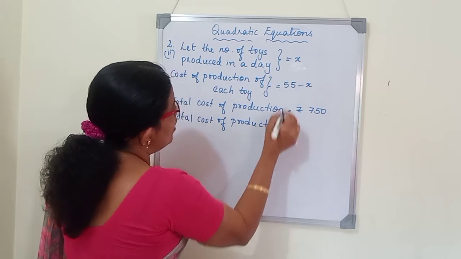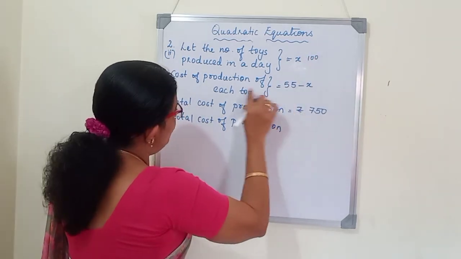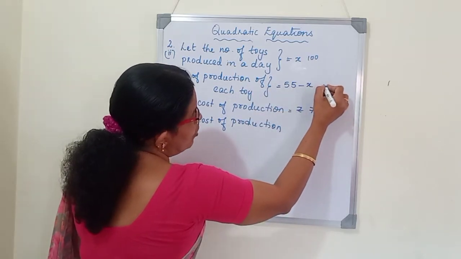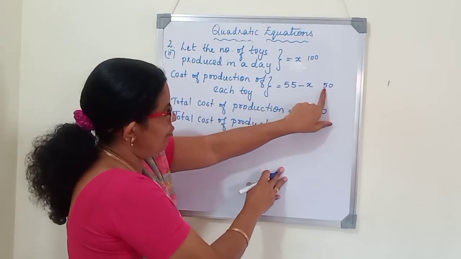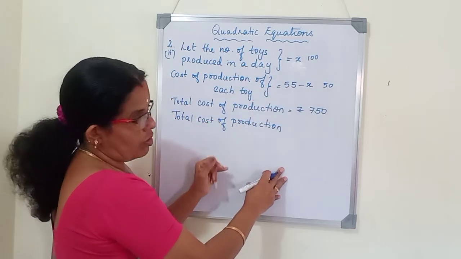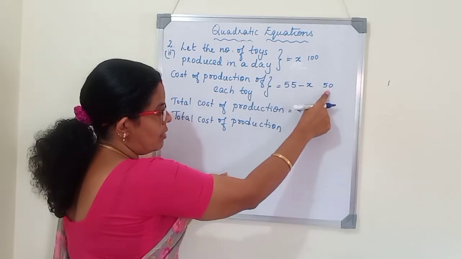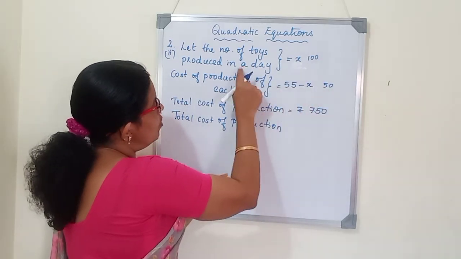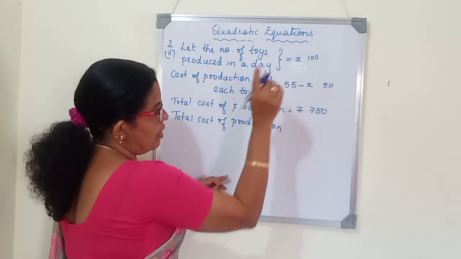For example, if 100 toys are produced in a day and the cost of production of one toy is 50 rupees, then what is the total cost? 100 into 50. For one toy they spend 50 rupees, and there are 100 toys, so we find the total cost by multiplying these two numbers.